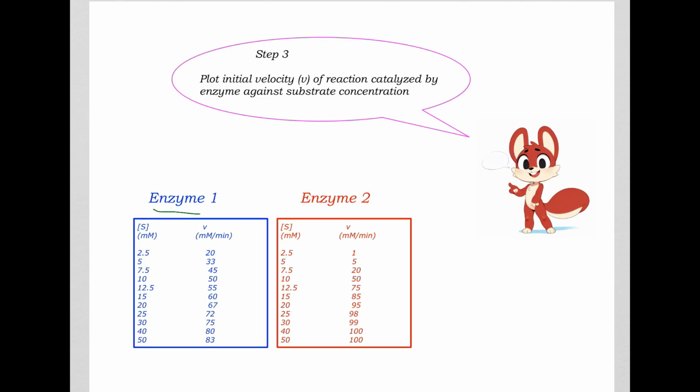One is catalyzed by an enzyme E1, and here's the data that's catalyzed by enzyme E2. So we have substrate concentration and initial velocity for enzyme 1, and substrate concentration and initial velocity for enzyme 2.